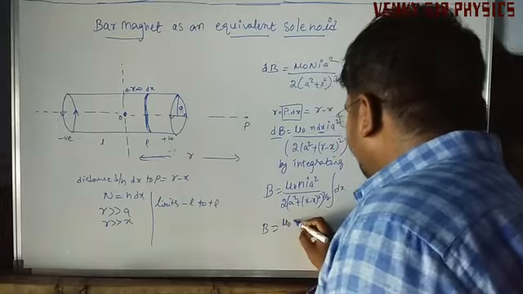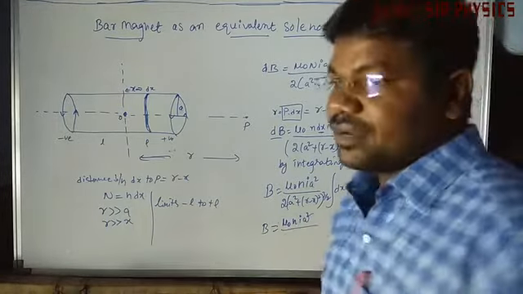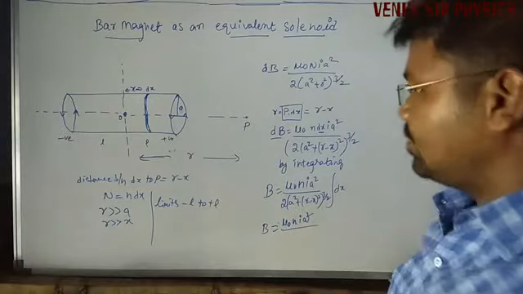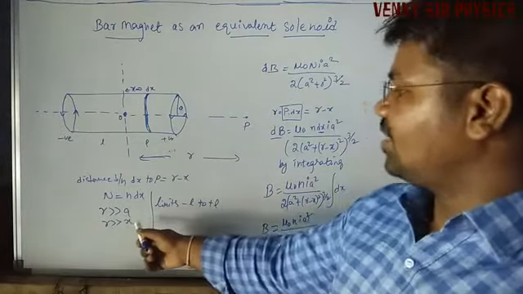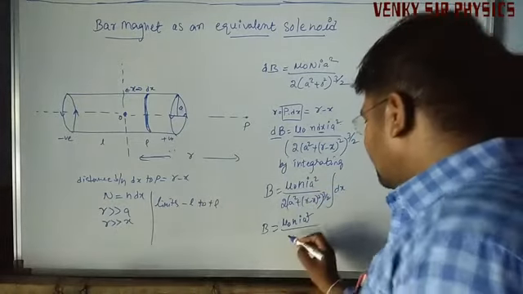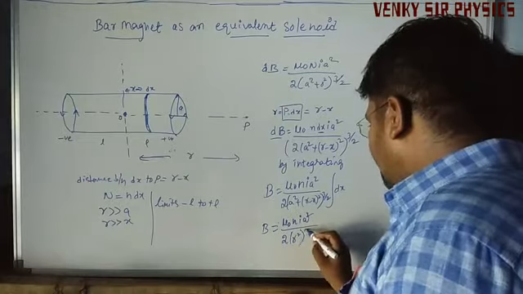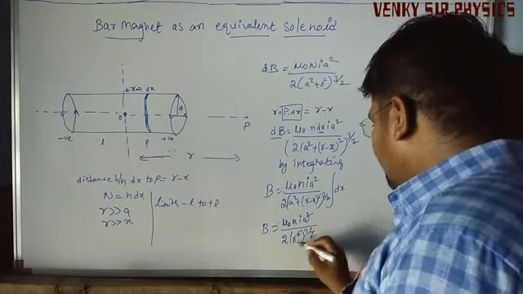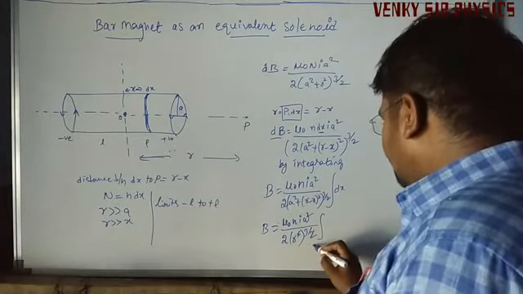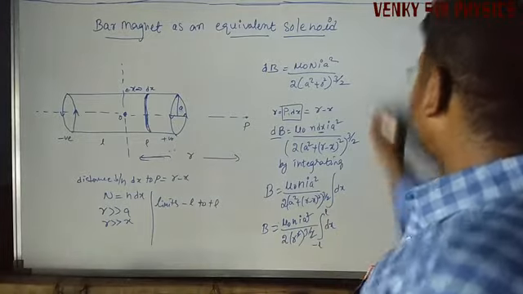In the denominator we can remove a and x because r is very much greater than a and r is very much greater than x. That's why it is 2 into r square whole power 3 by 2. The 2 gets cancelled. Integral from minus L to plus L of dx.